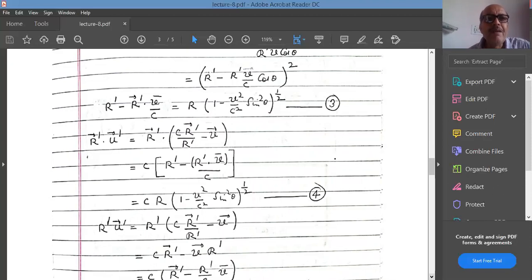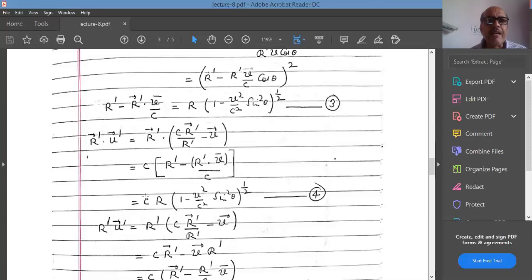So we pull out c from the bracket. So if you pull out c and take r dash vector inside, r dash vector dot r dash vector becomes r dash square divided by r dash will give us r only, minus r dash dot b upon c as it is.